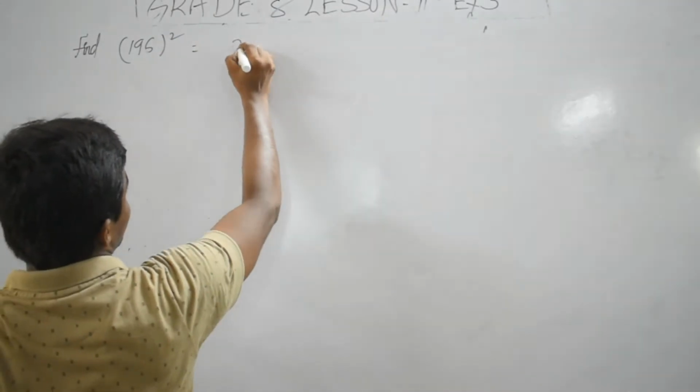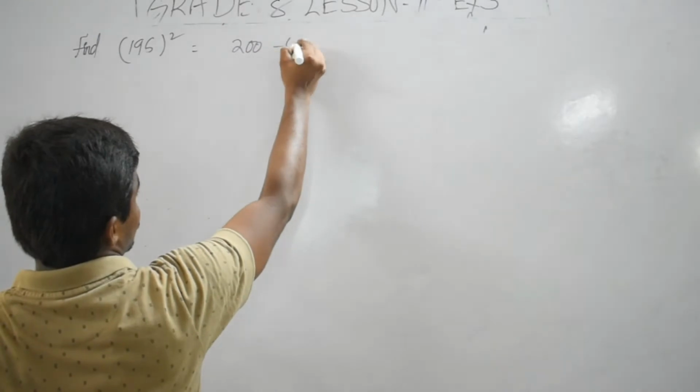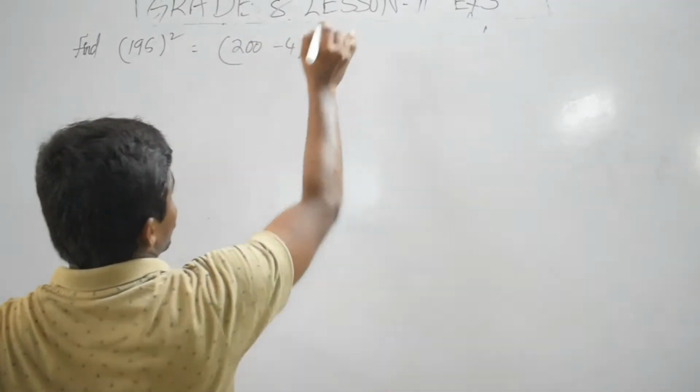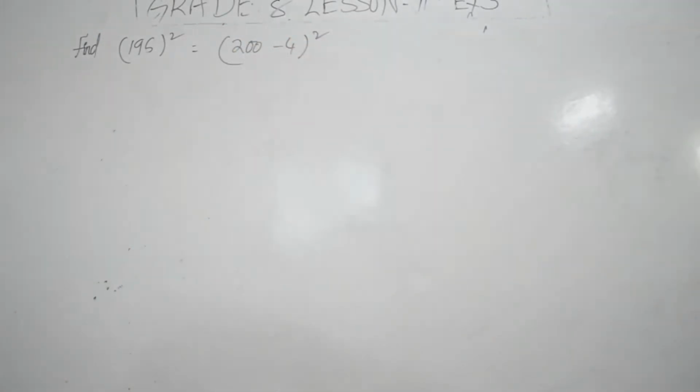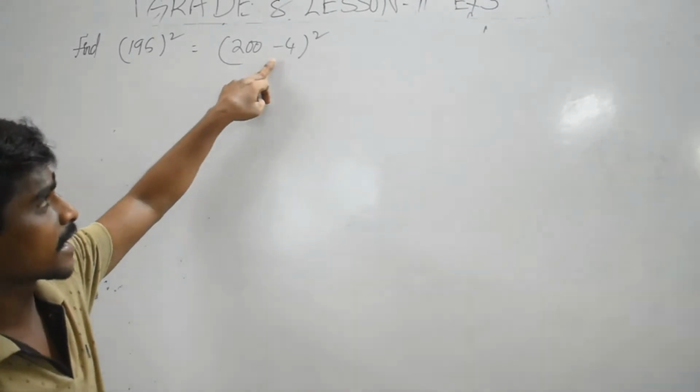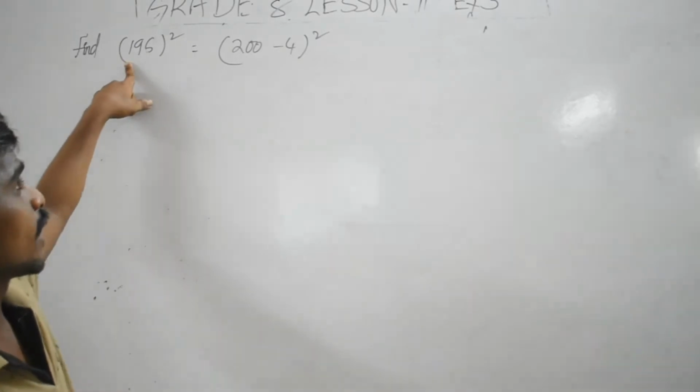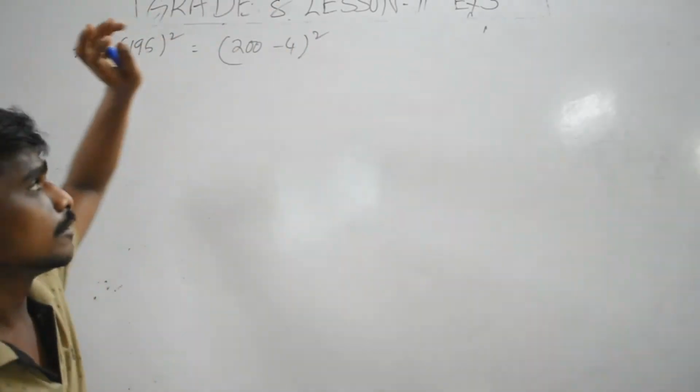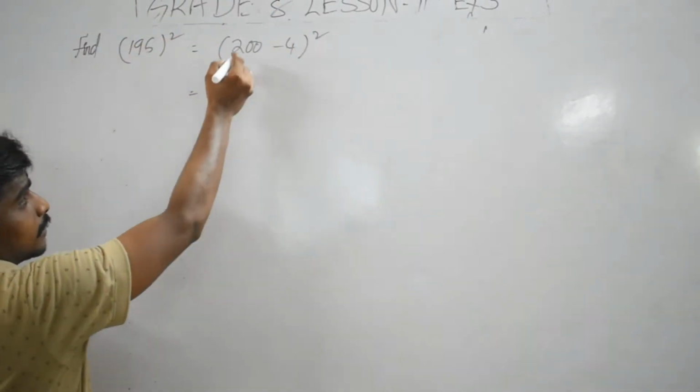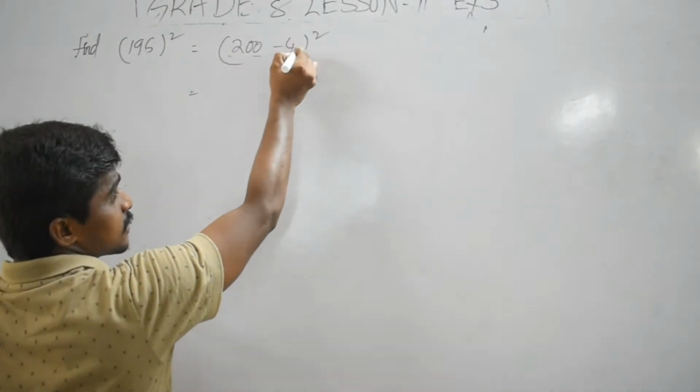See, 196, how to write? 200 minus 4. We can write this, is it possible or not? 200 minus 4 value how much? 196 whole square. So now here this is a, this is b.